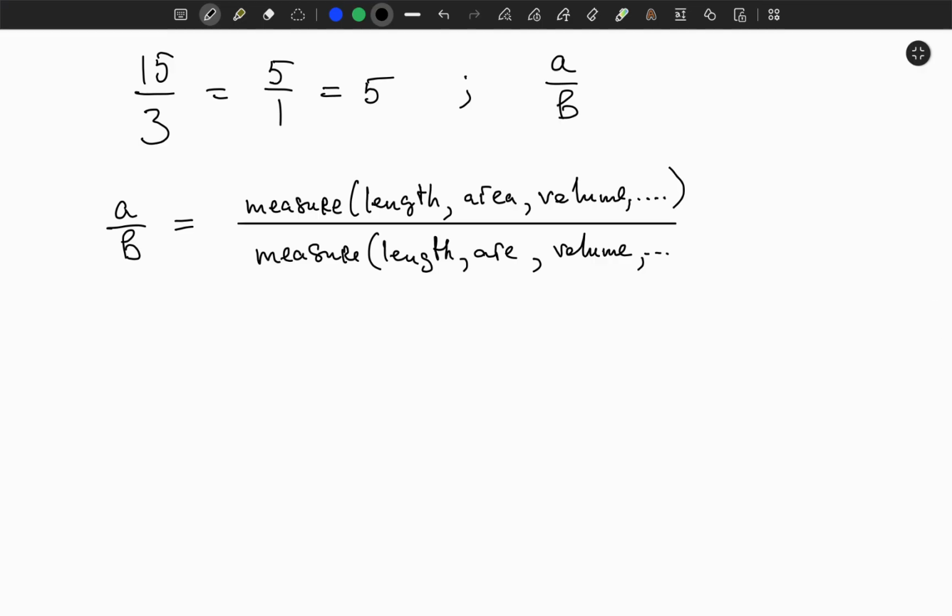It can be all of these. Same story, the measure of those lengths, parts of those lengths, or areas, or volumes. Okay.